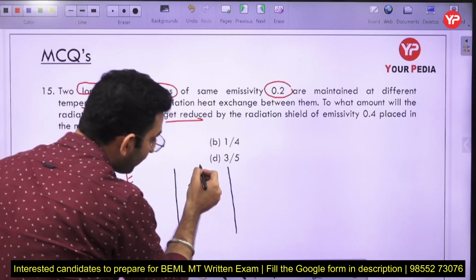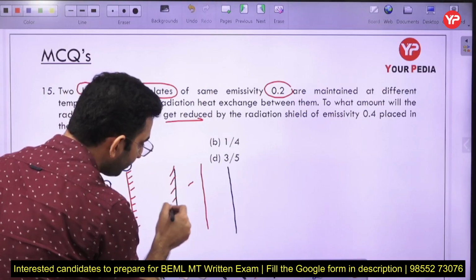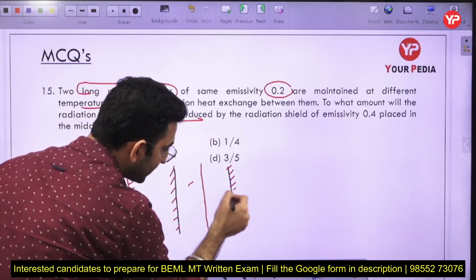Let us say this red color one is representing the shield. Now what will be the total number of resistances?